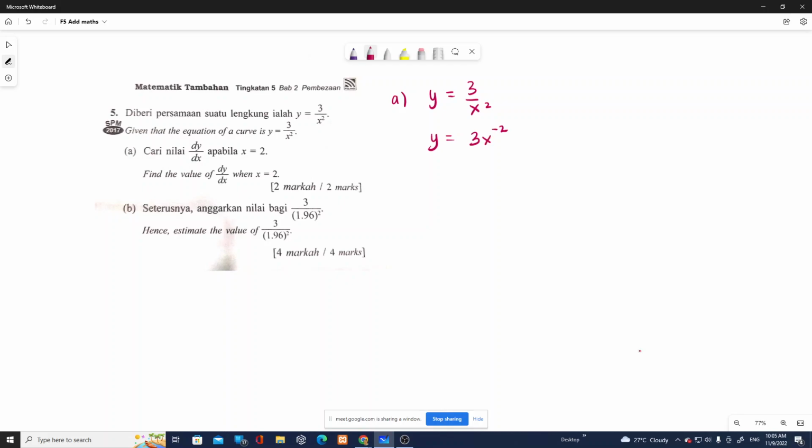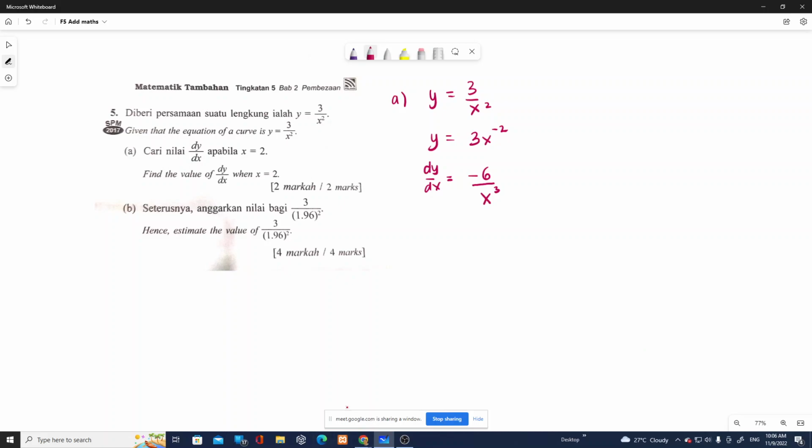You bring it to negative index. So now you write your dy over dx. It's negative 6 x to the power negative 3. But your negative 3, you need to put it back down here, become a positive 3.